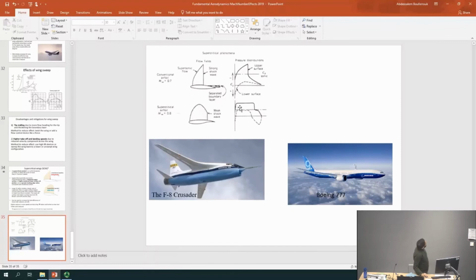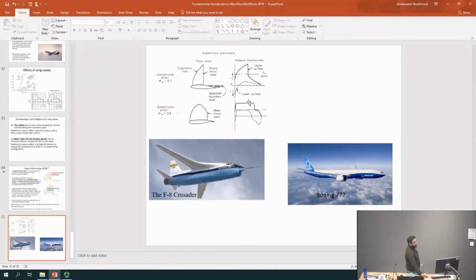And remember I told you about the flat upper surface. This is also reflected in the pressure. If you plot the pressure coefficient for a supercritical wing on the upper surface, it's more or less flat, and it more or less follows the shape of the supercritical airfoil itself.